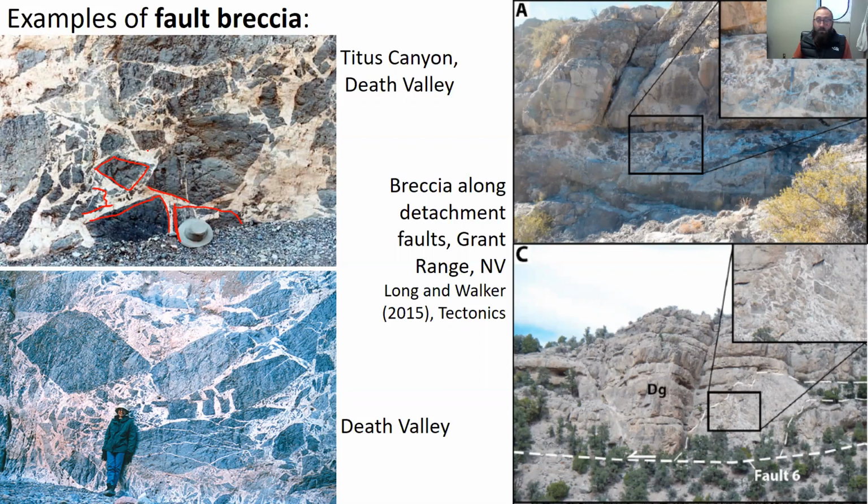And voids that form during the pull apart and dilation at the time of faulting result in a typically incohesive and poorly indurated rock. So that's why our breccia series of fault rocks are not well indurated and not cohesive, because of that dilational nature and the low confining stresses that they're under.